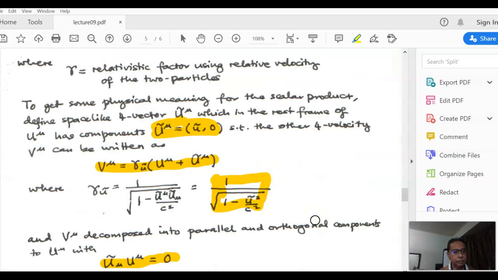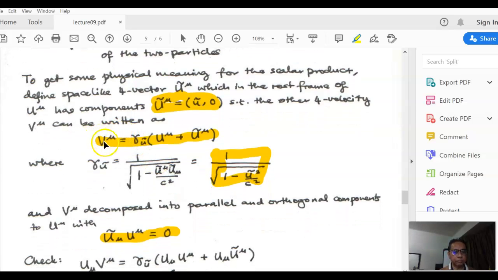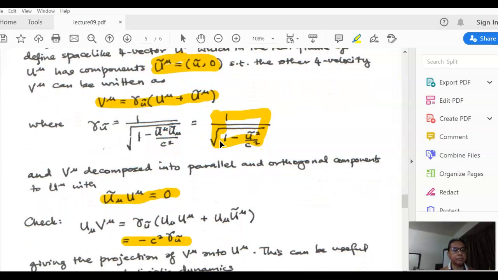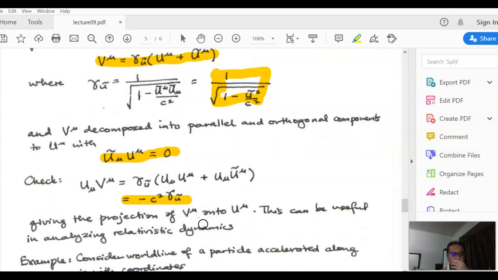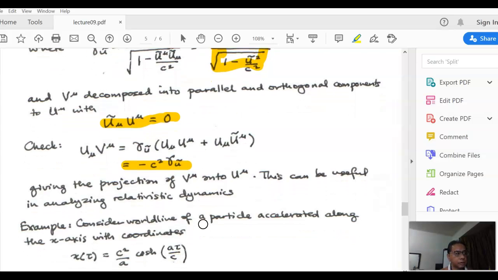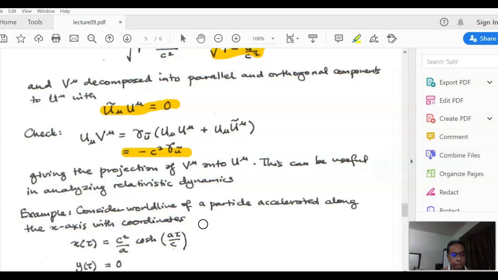But now, when we go to the generalized case, where you don't need to assume U mu has zero spatial components, but we have made it such that V mu is broken down into parallel and perpendicular components, then you'll be able to check that you get the same quantity again. Okay, and this is quite convenient. So if you need to do analysis in the proper frame, you can do it easily, but you can also generalize it when you go to other frames.